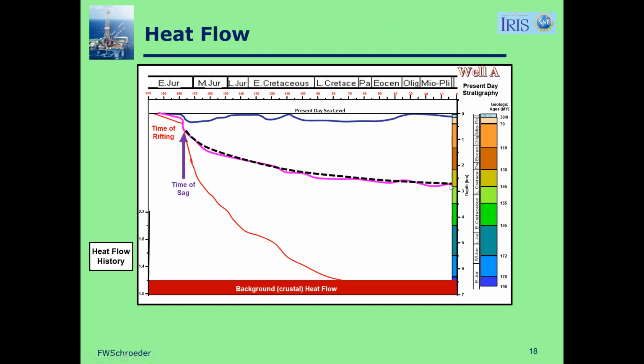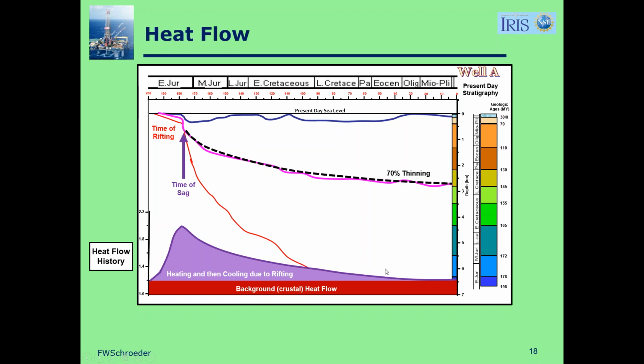With that information, then I can determine what sort of background heat flow the area might have had and how much extra heat is associated with a 70% crustal thinning that ended in the early Jurassic. And so in purple, that would be the heat that is associated with that rifting event and how that heat dissipates as time after rifting increases and increases.